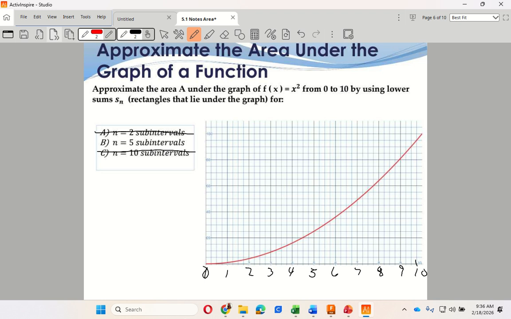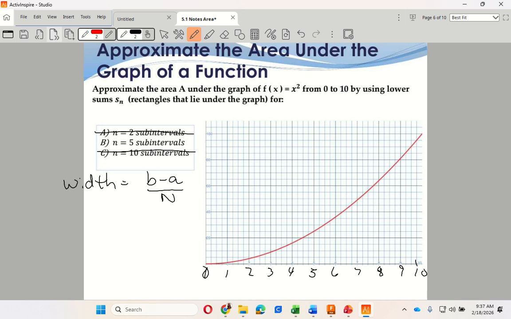So for my width, b minus a divided by n, where in this case the b minus a was 10 minus 0, so I have 10 right there, and I have to divide it into 5 subintervals, which is my n.